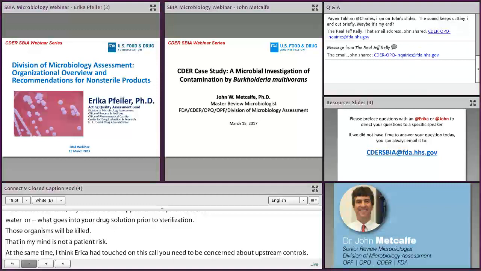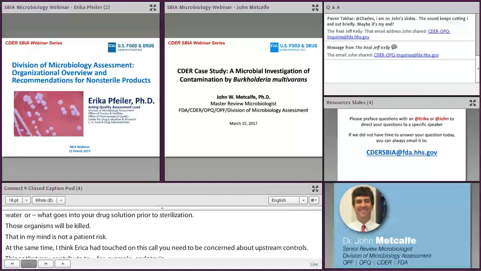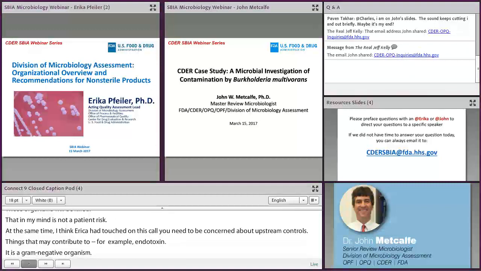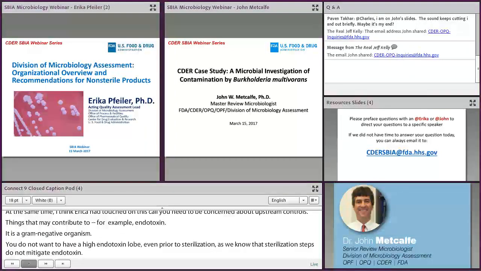You don't want to have a high endotoxin load even prior to sterilization, because we know that sterilization steps don't mitigate endotoxin. So those are my, off the top of my head, comments regarding concerns about Burkholderia in the water systems for a drug which is ultimately going to be manufactured as a sterile product.